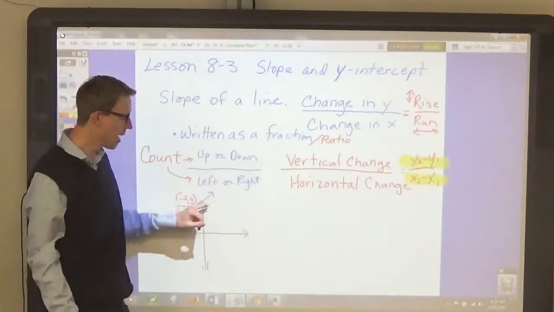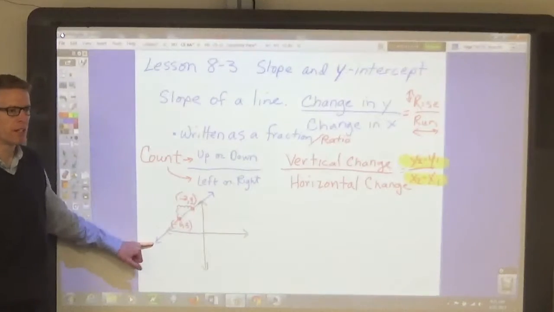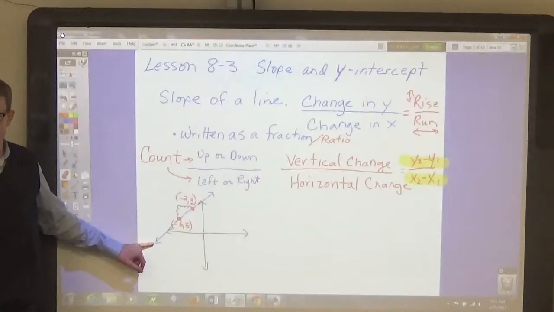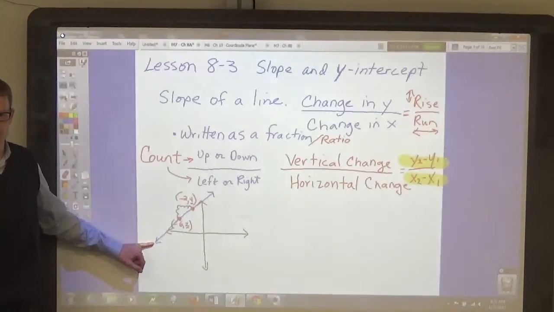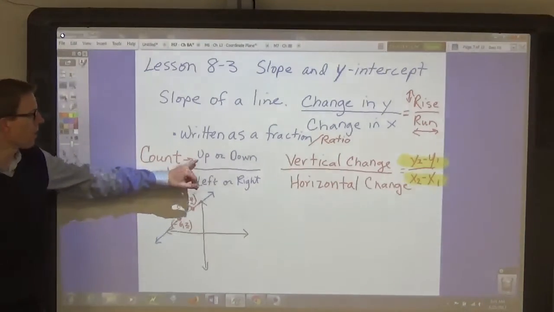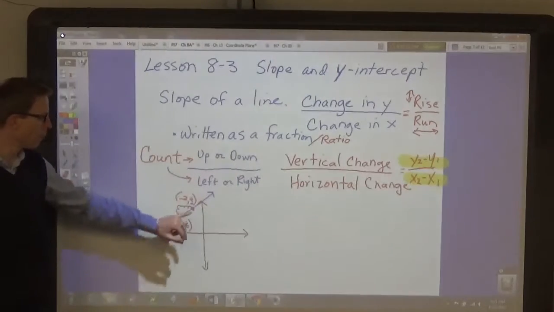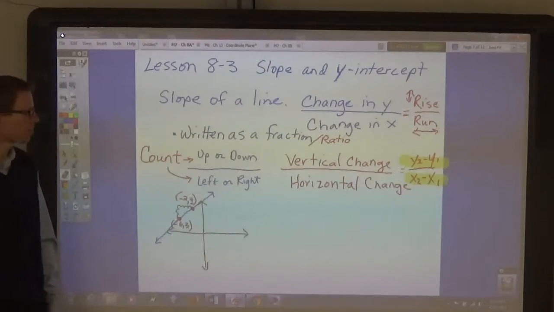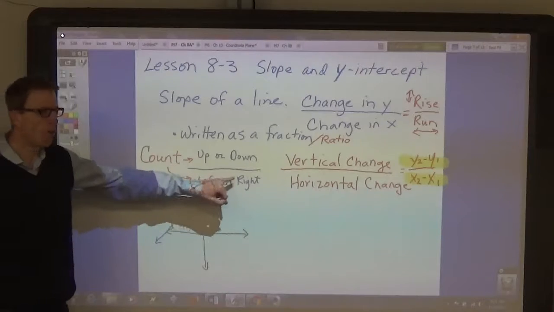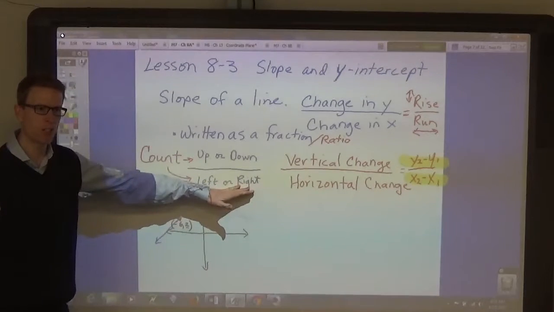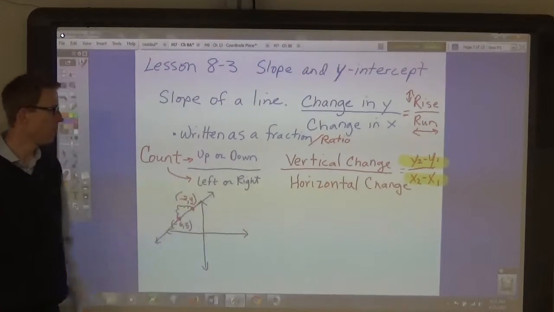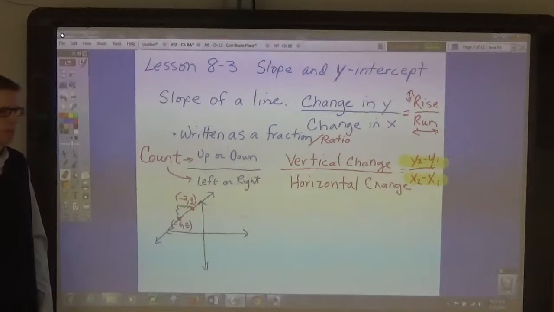If you are given a line on a graph, you can count the change in the y and the change in the x. So first you count up or down from one point to the other, and then you can count over to figure out how much is changing in the horizontal change, or changing in the x-coordinate.